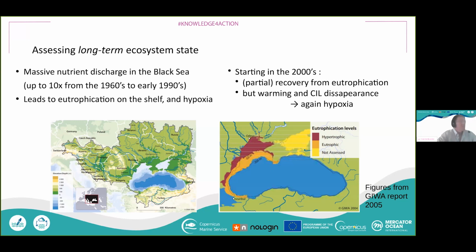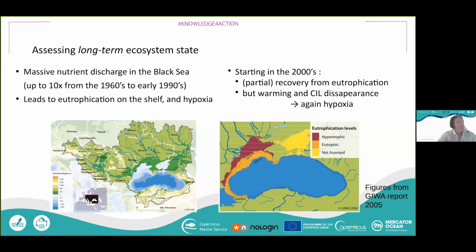Some estimates say there was 10 times more nutrients than before the industrial times, mostly due to fertilizers in agriculture. The fact that so many nutrients came into the sea leads to eutrophication, which is defined as the over presence or too many nutrients in the sea.